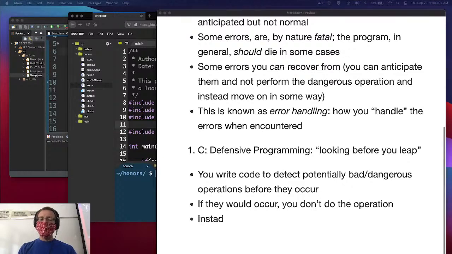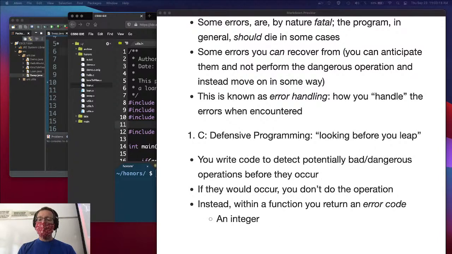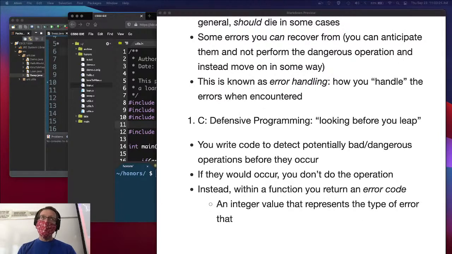Instead, within a function, you return an error code, right? So what is an error code? An error code is simply an integer value that represents the type of error that would have occurred.